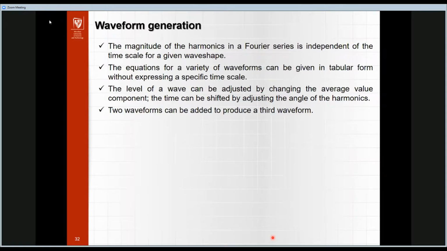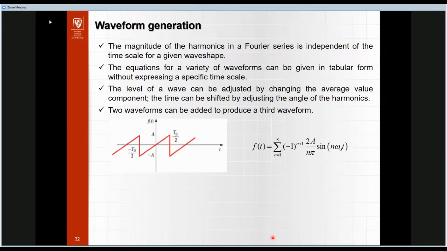expressions for typical signals used in electronics, and so I give you these functions here.